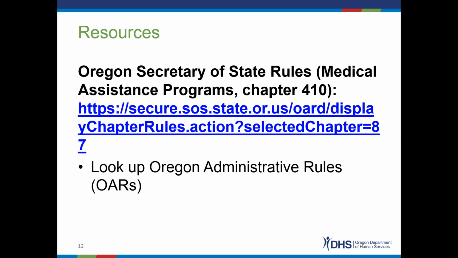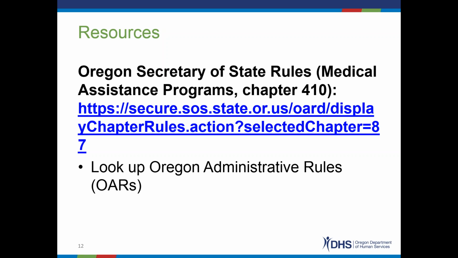Another link that sometimes we get questions about is what are the Oregon administrative rules around a certain policy. You can actually look up any Oregon administrative rule using the link above. And what we put here specifically is the link to the chapter, which is 410, which is on medical assistance programs.